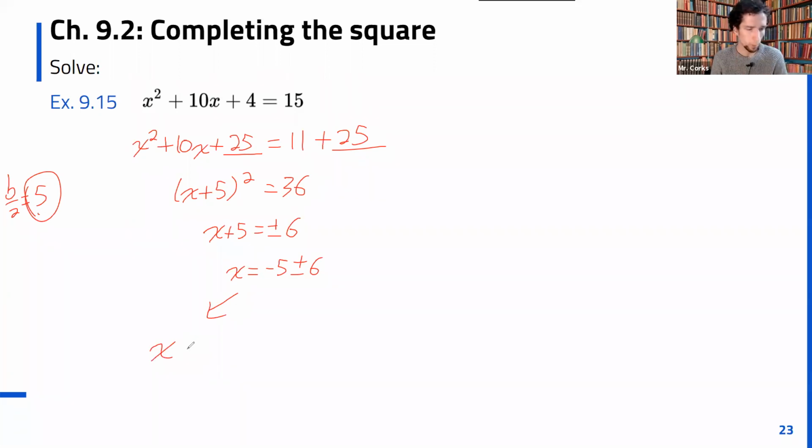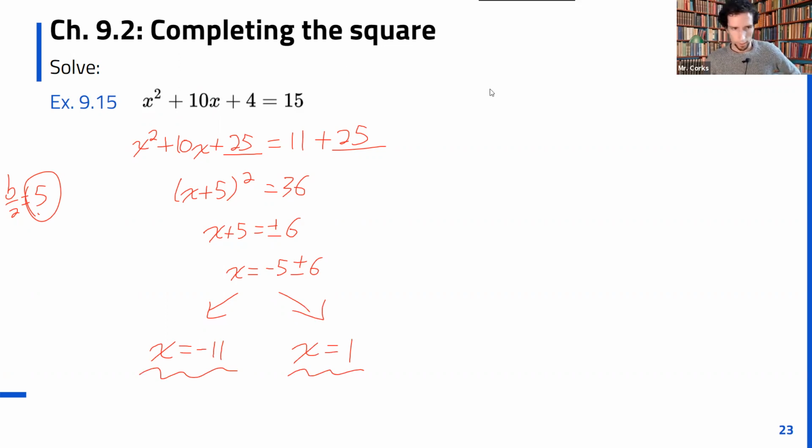We can get some actual numbers. What are the 2 possible values for x? 1 and -11. Okay, so we have a -6, so -11, or we have a +6, so 1. And those are the 2 answers.